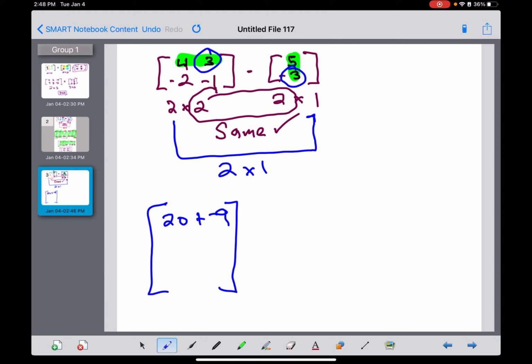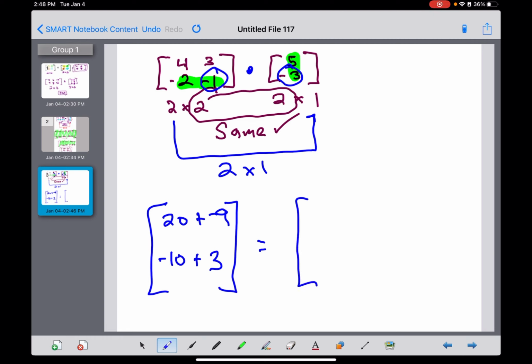Since I can't move to other columns, I'm just going to slide this down here. And now again, we do first element times first element. -2 times 5, -10. Remember, we're multiplying. Second element times second element. -1 times -3. +3, and we're going to add those together.